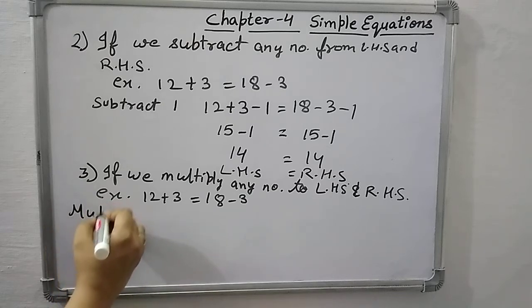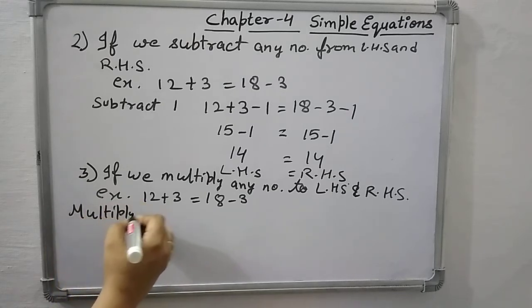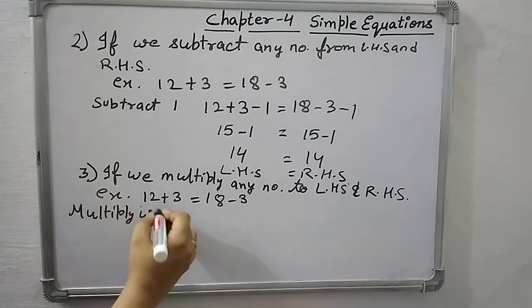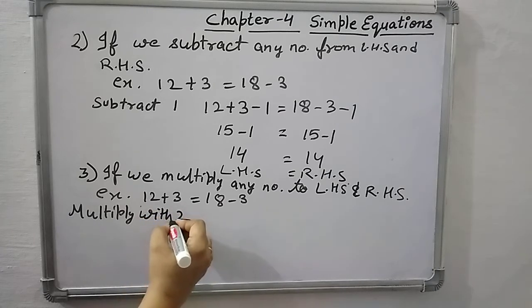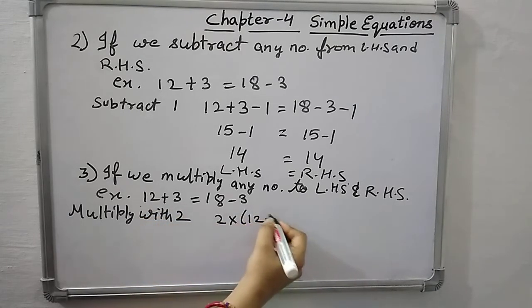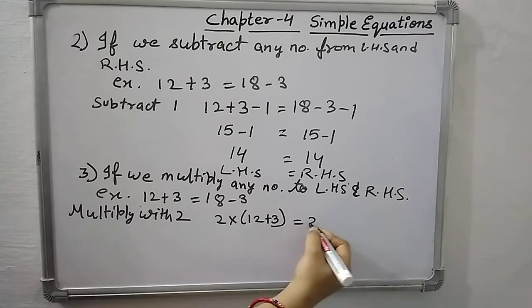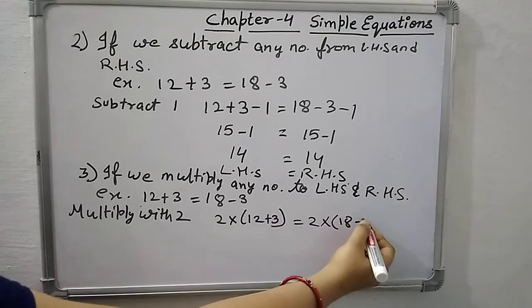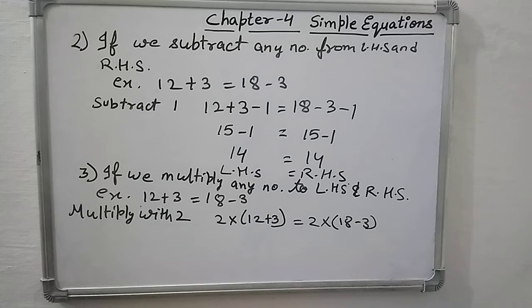Now multiply with 2. 2 multiply 12 plus 3 and 2 multiply 18 minus 3. I had multiplied 2 to LHS and to RHS.